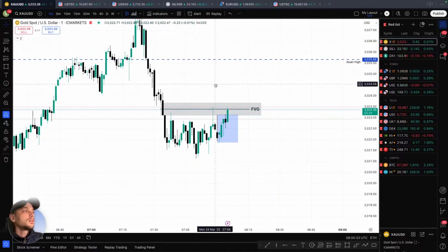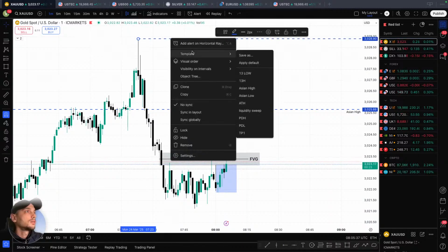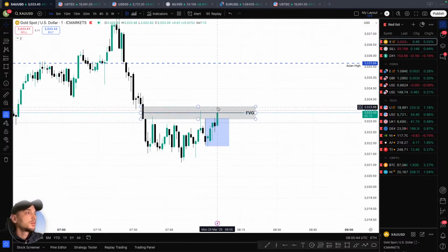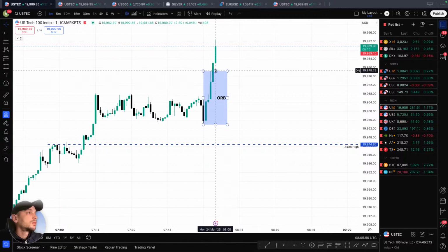Can we try long here? Why not? We have this liquidity here. But we want to see how this fair value gap is gonna react. Nasdaq.